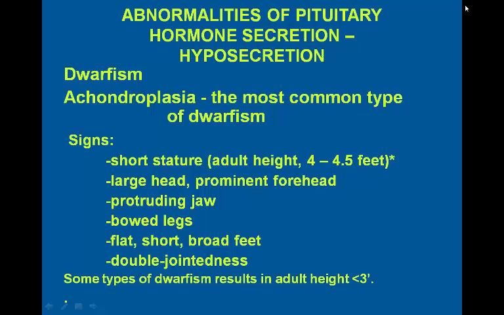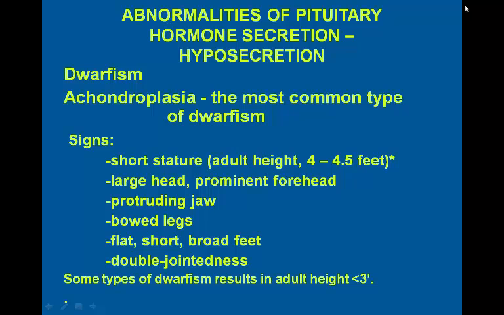The signs of achondroplasia are short stature, in which once the person quits growing, they usually don't grow taller than 4 to 4.5 feet. The forehead is usually enlarged. The head is usually larger than normal. The jaw protrudes. The legs will be bowed.